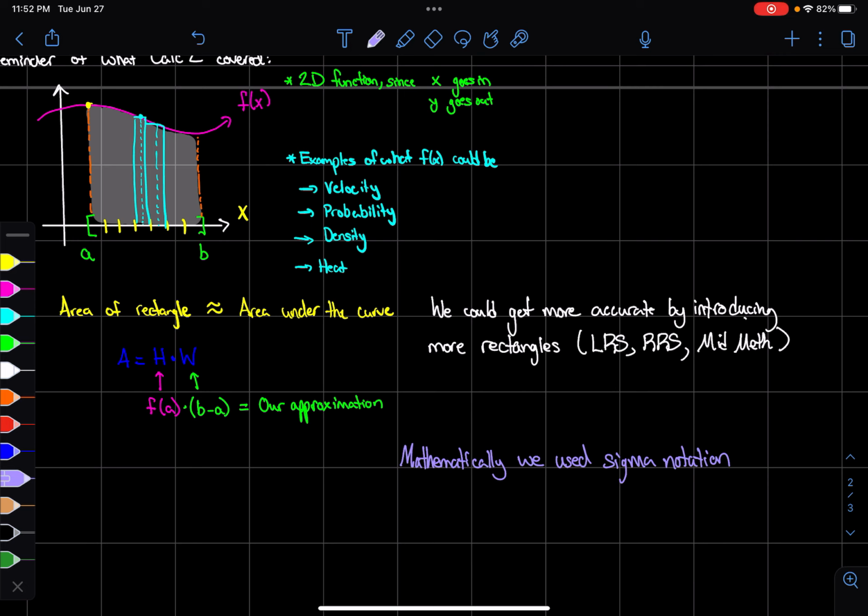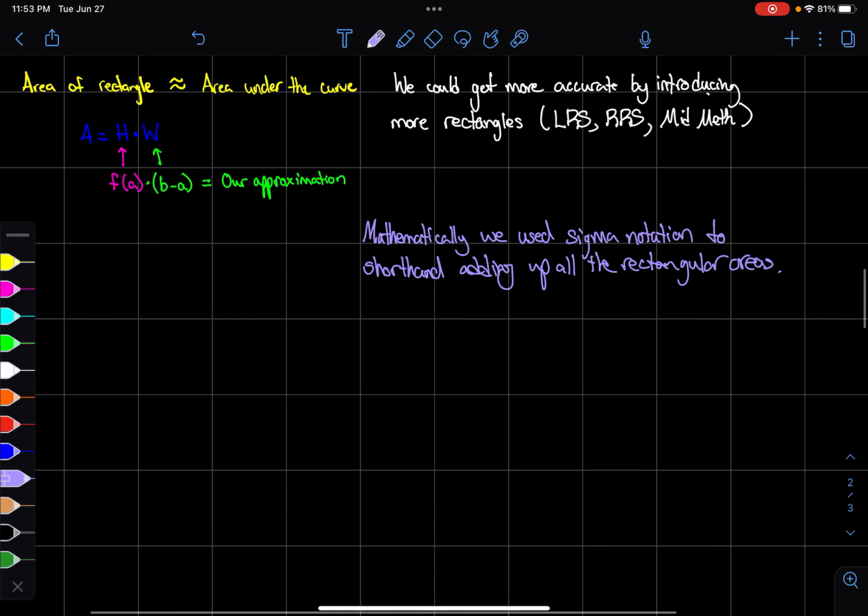So we use sigma notation to shorthand adding up all the rectangular areas. Okay, and roughly speaking, it went a little something like this.